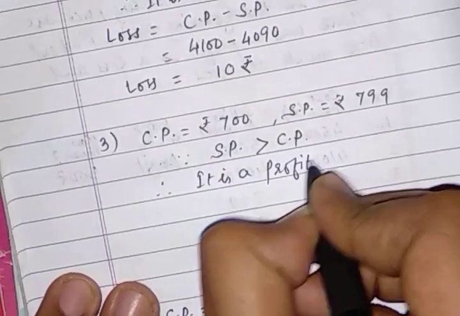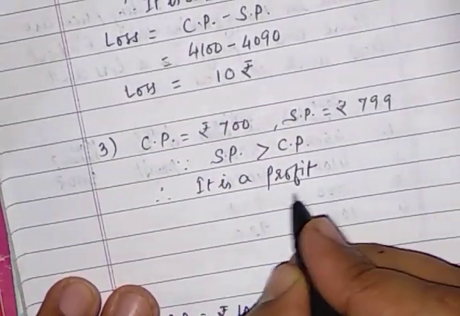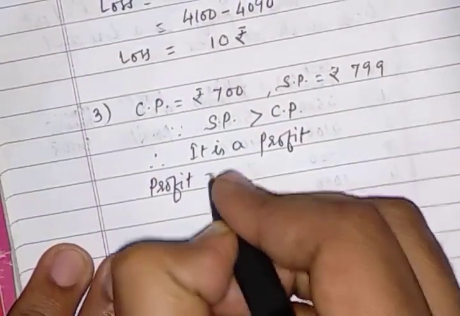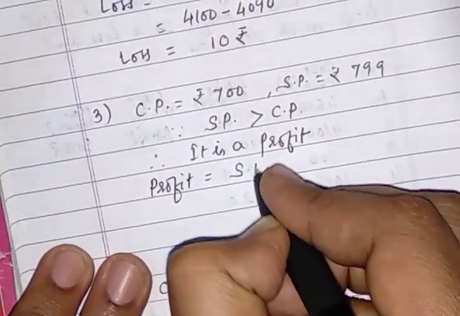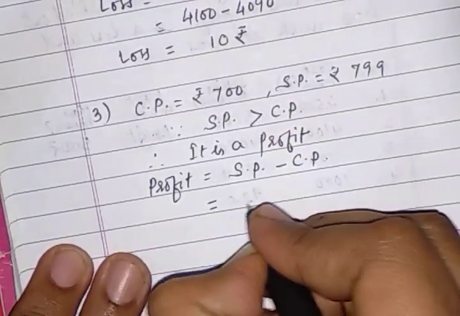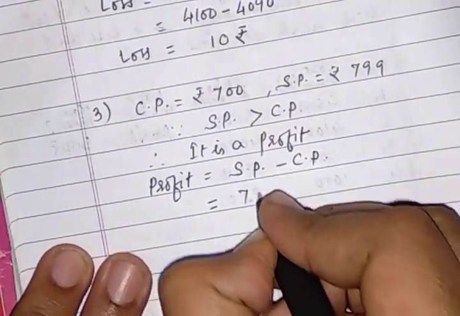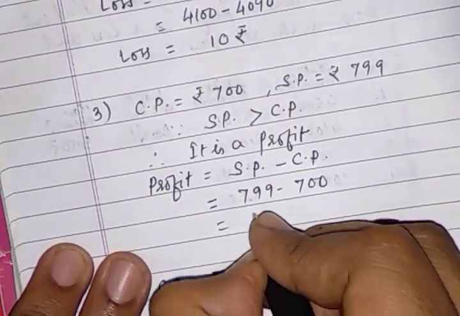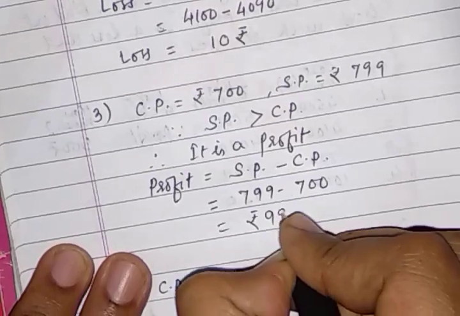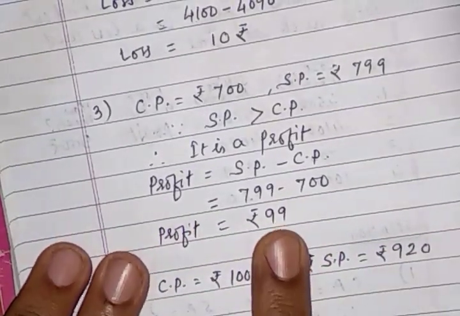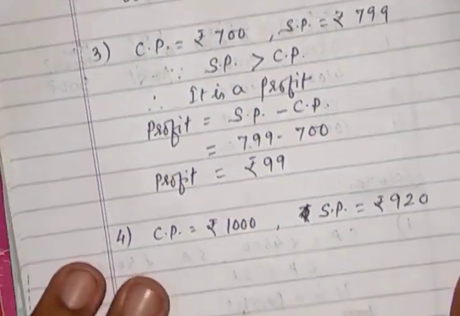So when selling price is greater than cost price, it is a profit. Now calculate profit using the formula profit equals selling price minus cost price. Put the values: 799 minus 700. So you get rupees 99. So it is a profit of rupees 99.